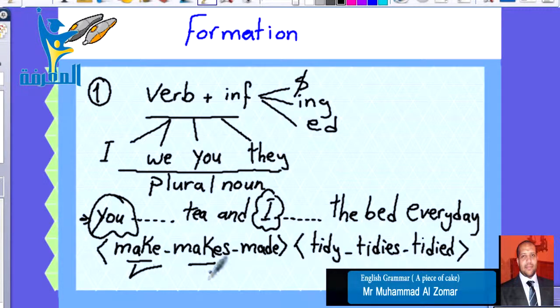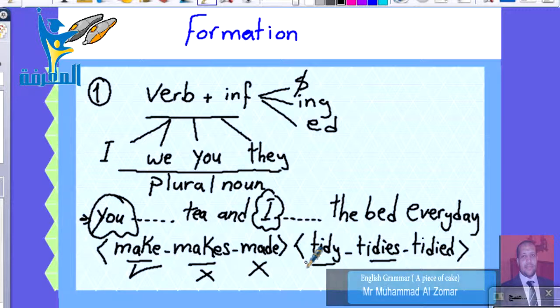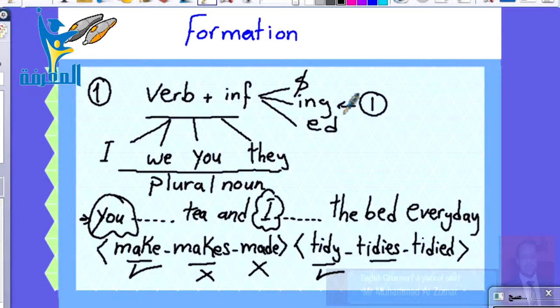This is correct. This is not correct. And this is in the past simple tense, not the present. For the second space, we have tidy and tidied. These are the present simple shapes of the verb. So, if we are going to choose, we shall use tidy. Why? Because we have here the pronoun I. This is for the first shape of the present simple tense.